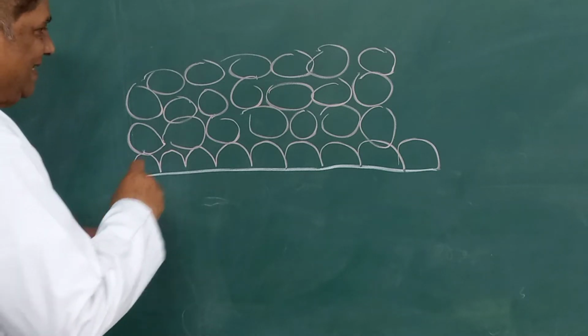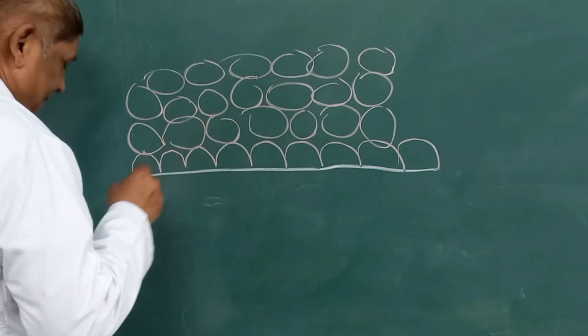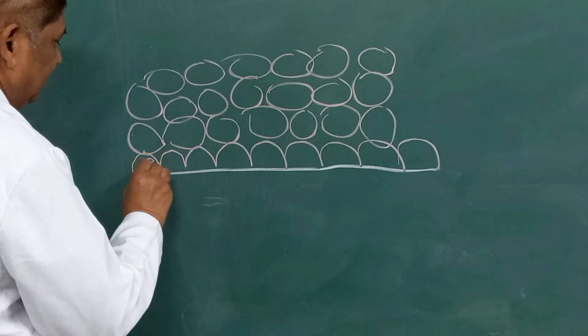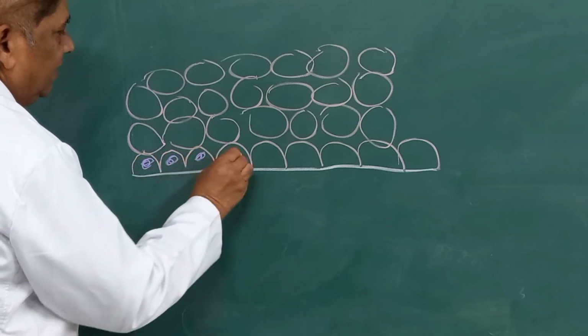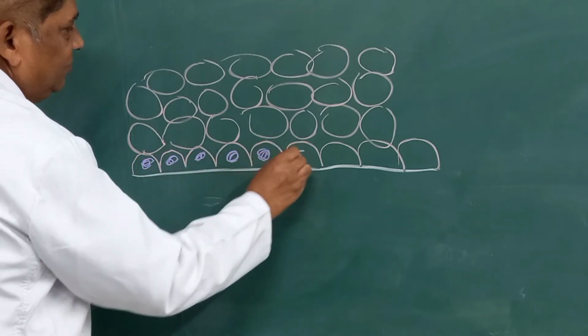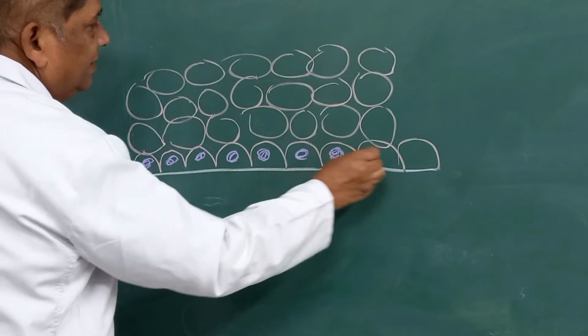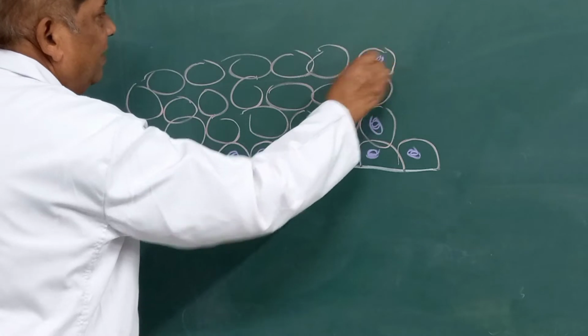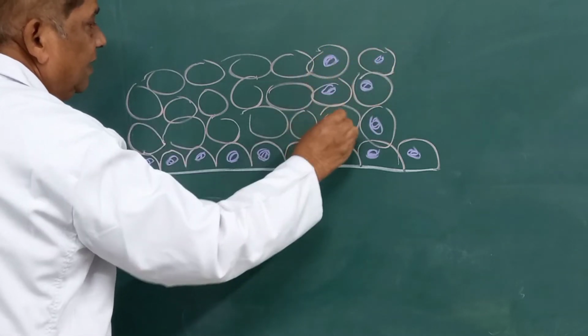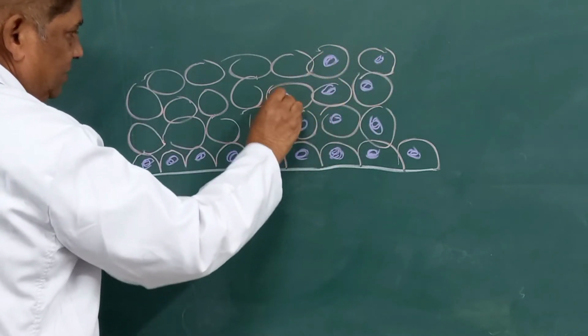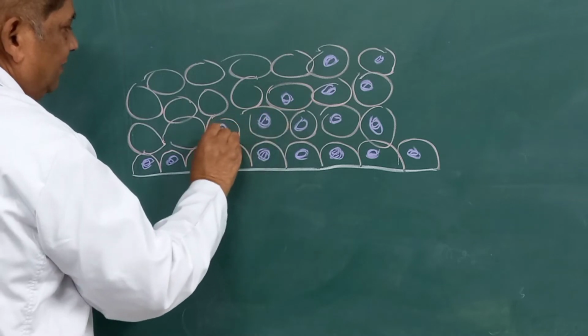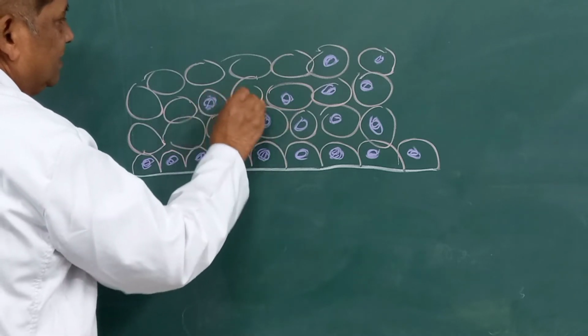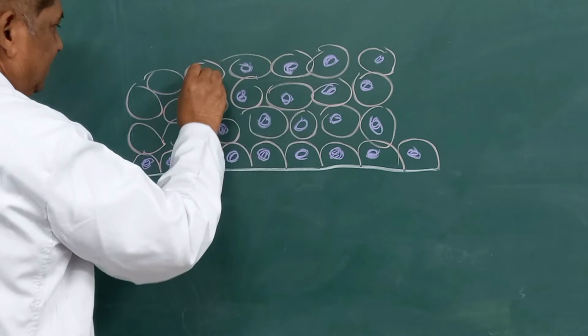Then what you will see, suppose it is 4 or 5 layers, here will be the centrally placed rounded nucleus. As I said, the size of the nucleus and its shape depend on the size and the shape of the cell, or you can think in the reverse way also. That means the size and the shape of the nucleus gives the size and shape of the cell.